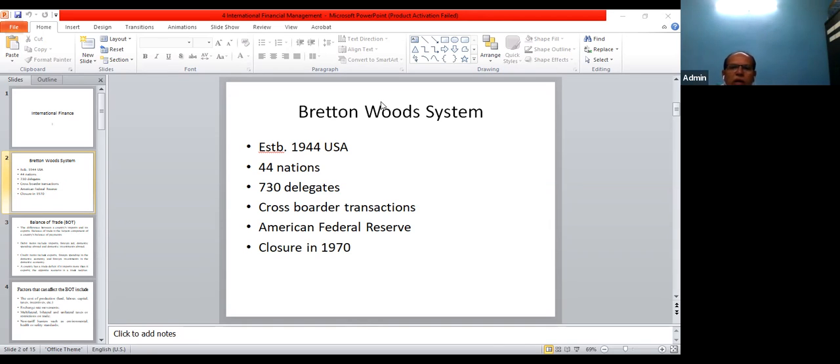Now, the countries who had ample amount of gold started printing their currency. But there were some countries who had a shortage of gold. And you might be aware that when India became independent, previous to that, even we were rich with gold.